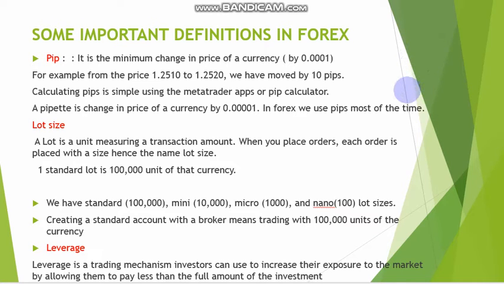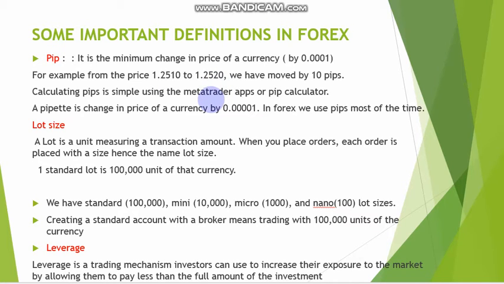So for example, if the price of, let me say, USD CAD is 1.2510, that's how we write it in forex. And maybe with time the price goes to 1.2520. Now let's calculate the number of pips that this trade has gone, from 1.2510 to 1.2520.